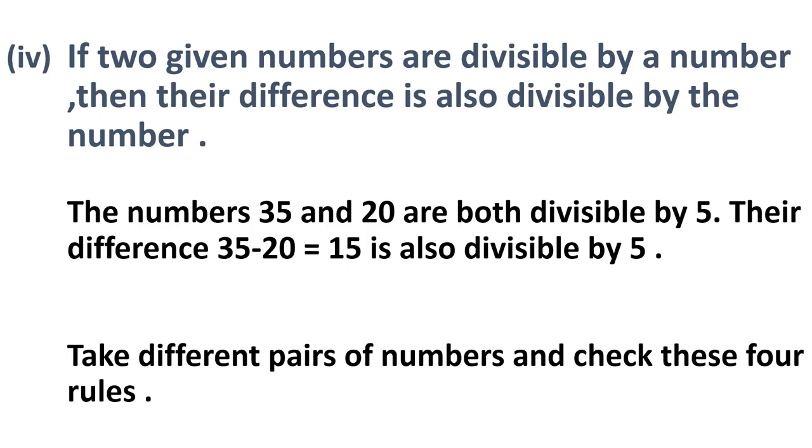Third, if two given numbers are divisible by a number, then their sum is also divisible by that number. And fourth one is, if two given numbers are divisible by a number, then their difference is also divisible by the number.